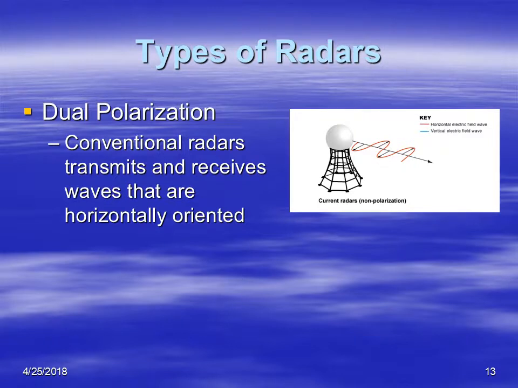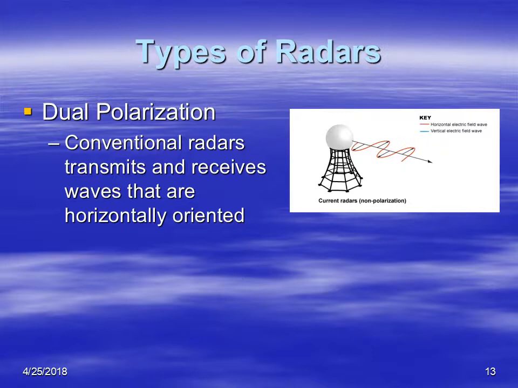Another type of radar that has been deployed across the United States with the National Weather Service radars is dual polarization. All the WSR 88Ds have been upgraded to dual polarization approximately 8 years ago.